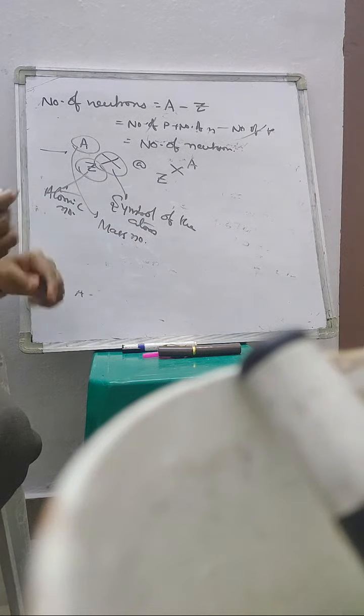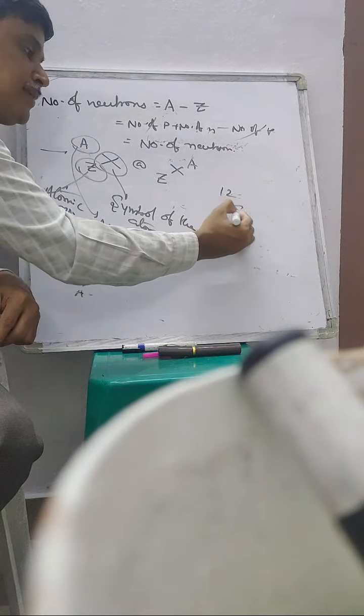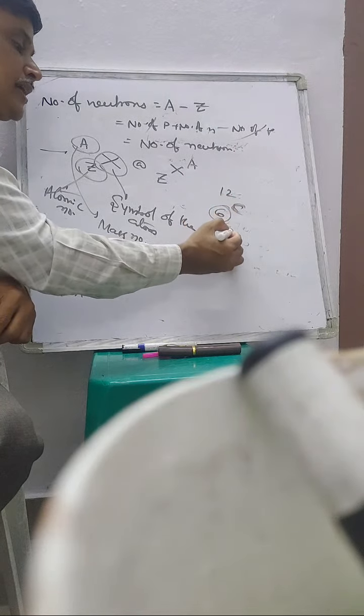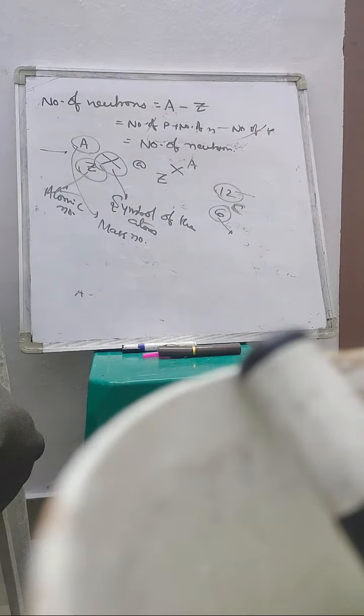For example, the element symbol of carbon is C, the atomic number of carbon is 6, and the mass number of carbon is 12.